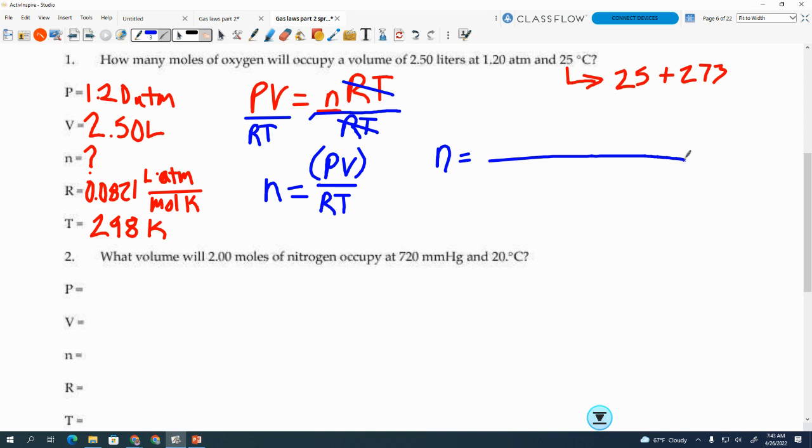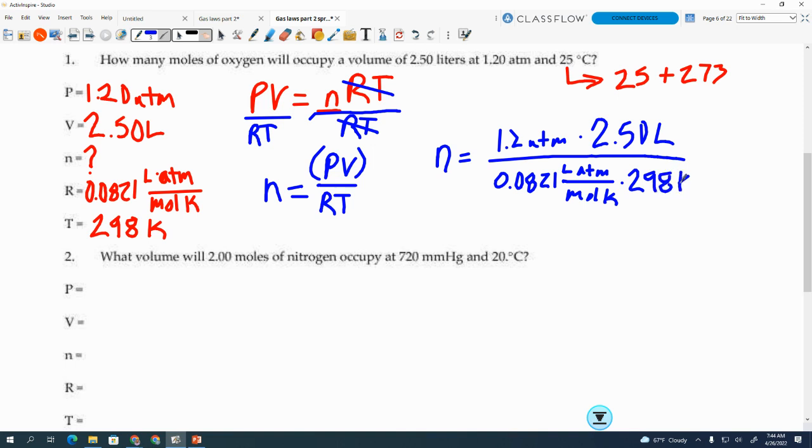We have our pressure of 1.2 atmospheres times our volume of 2.5 liters divided by our R, times our 298 Kelvin.